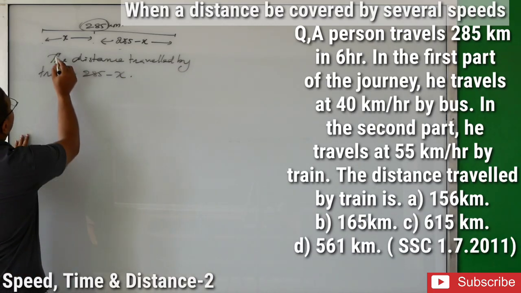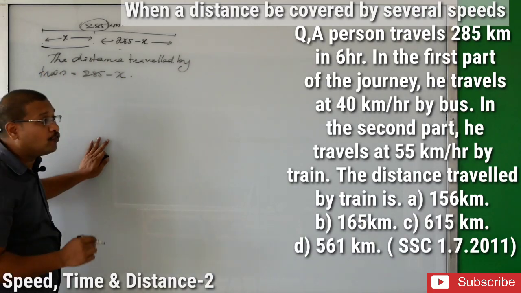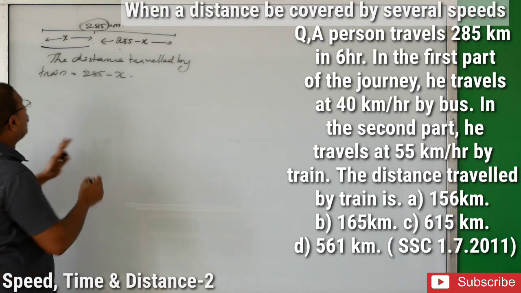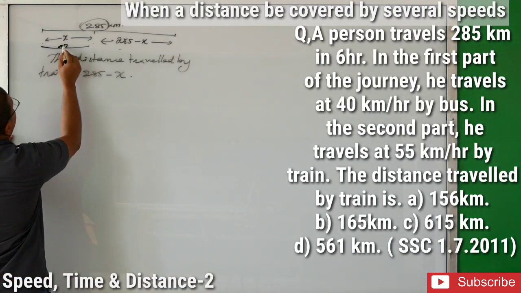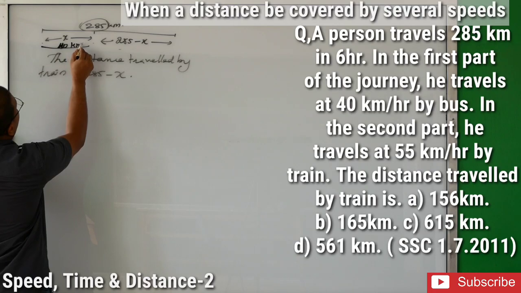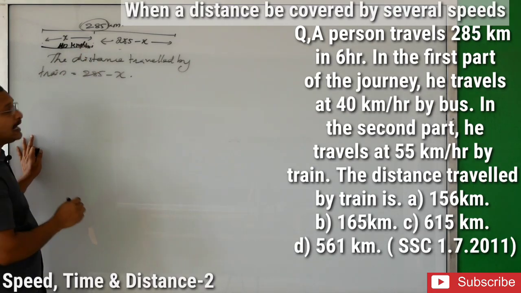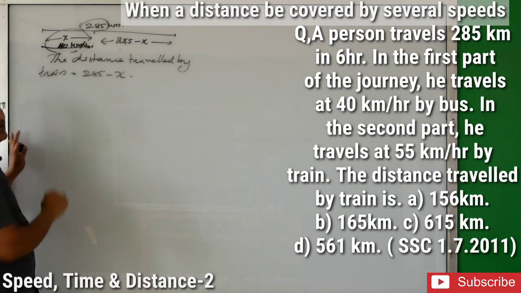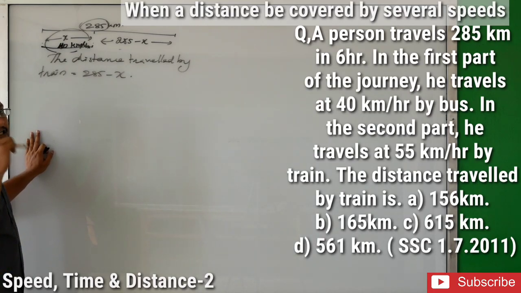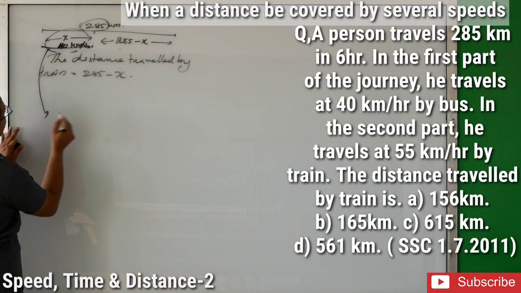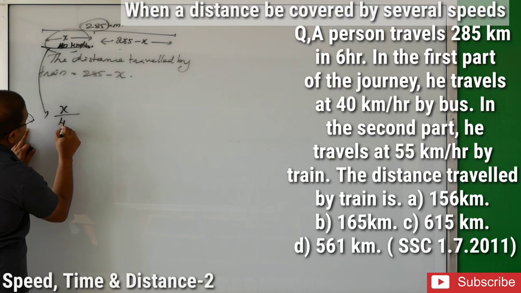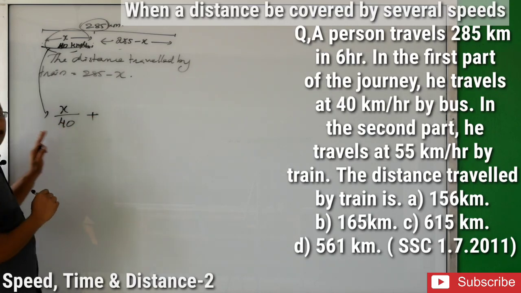After that, by bus the speed was, check it, 40 kilometer per hour. That means from here we can find out the time. Time equals distance by speed. So the first part, x by 40. That is the first part, time.